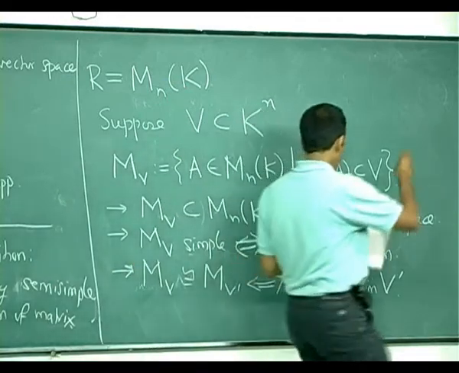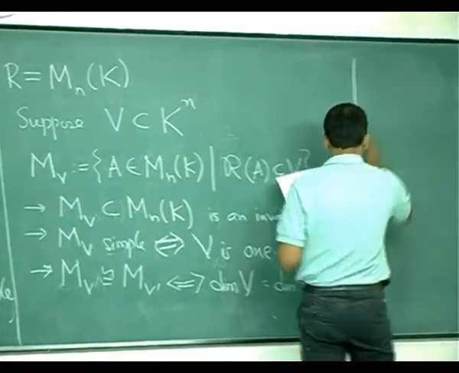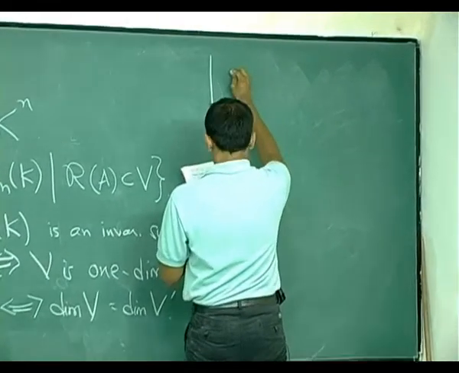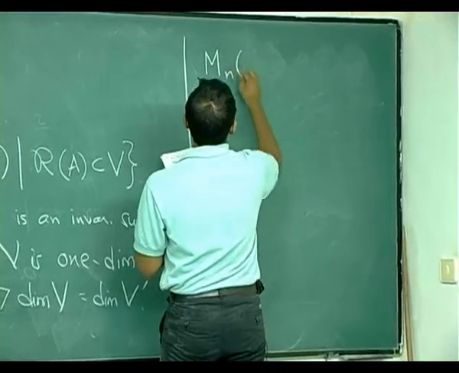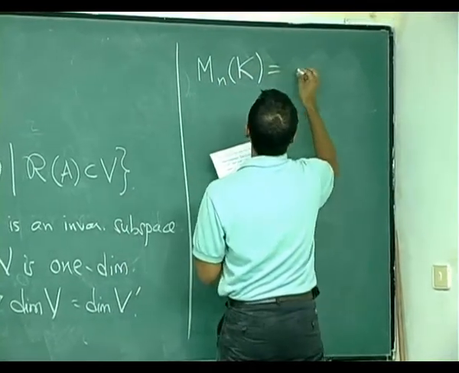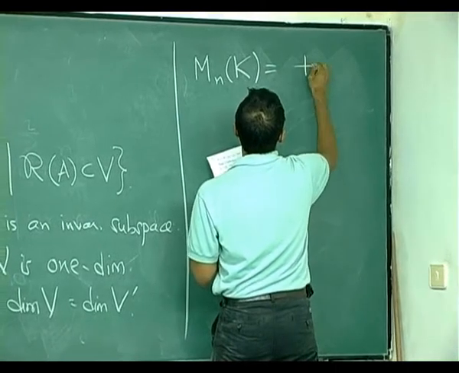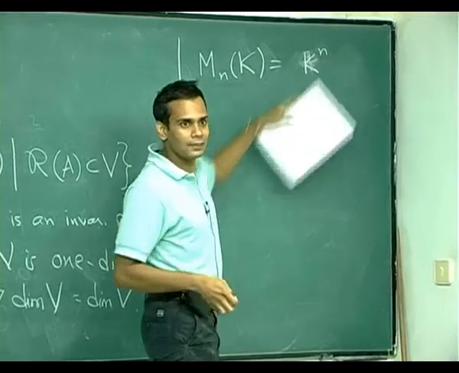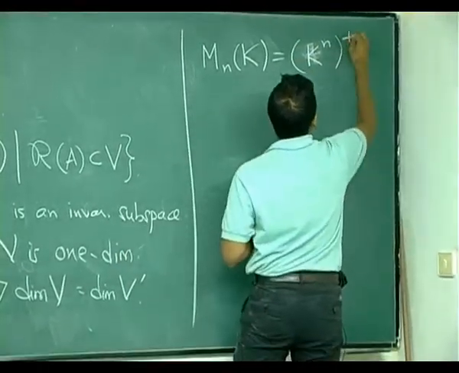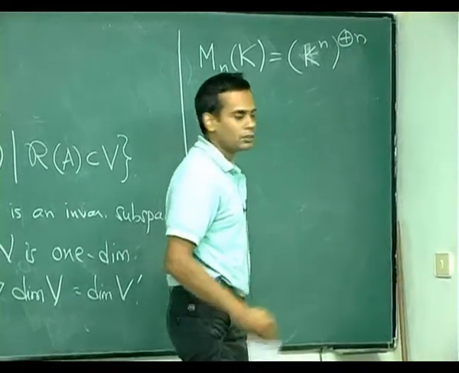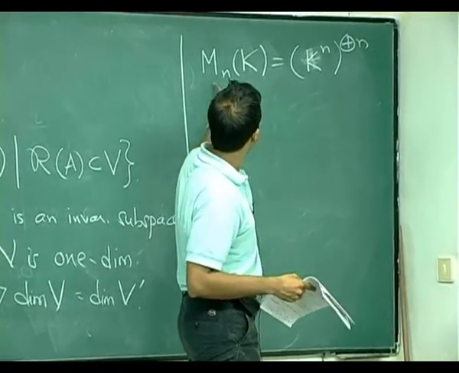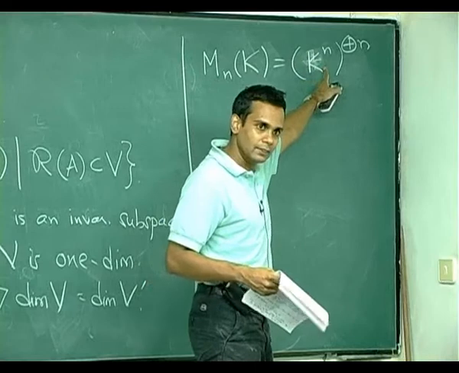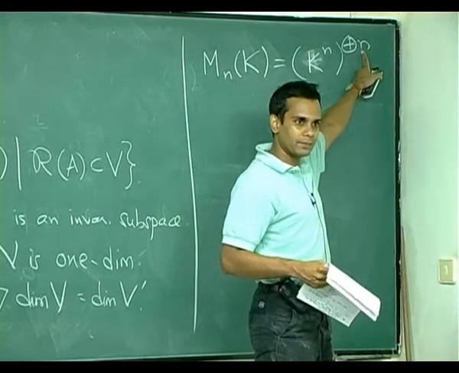So M_n(K) is isomorphic to the direct sum of this simple R module K^n taken n times. This is the decomposition of the left regular representation into simples. There's only one simple, its dimension is n, and it occurs n times.